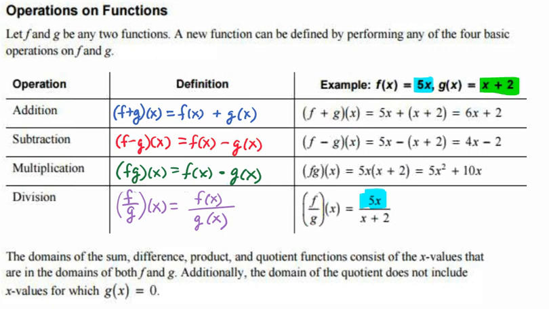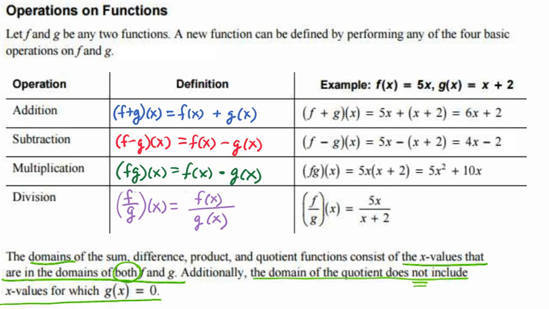Now, the domains of the sum, difference, product, and quotient functions consist of the x values that are in the domains of both f and g. Additionally, the domain of the quotient does not include the x values for which g of x equals 0.